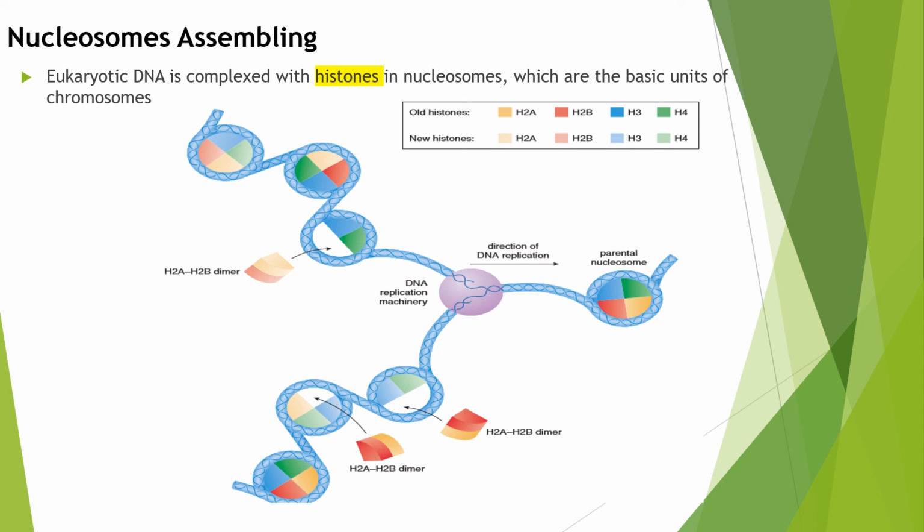So replicating histone is also very important, and usually histone replication starts in the S phase itself, soon after DNA replication starts. You can see here the parental nucleosome, parental DNA, and as the new strands are produced, the coiling or condensation has started.